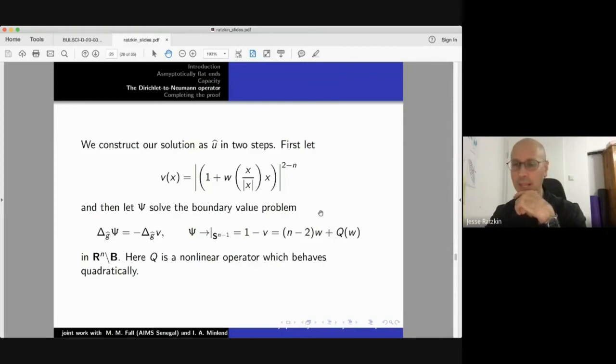And I can write that 1 minus v as n minus 2 times my perturbation function plus some operator applied to w. And this operator is a nonlinear operator. I'm not going to write it down explicitly, but the important thing is that it behaves quadratically in w. So with respect to any reasonable norm, it looks like length of w squared.